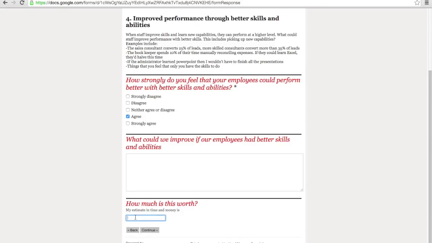You might be wasting time following up staff because they don't have the skills. You could be wasting time doing things yourself because your staff don't have the skills, and that also drops down neatly into a money equation, either in terms of what your own time is worth, or if it's increased sales through margin, etc., that would have a direct money benefit. Once you've done that, hit continue.